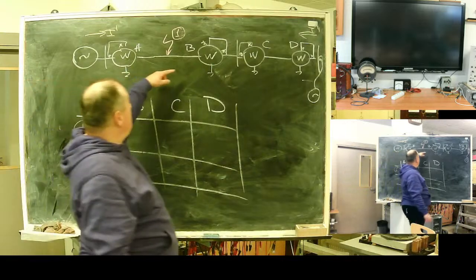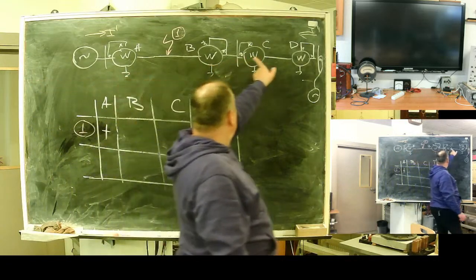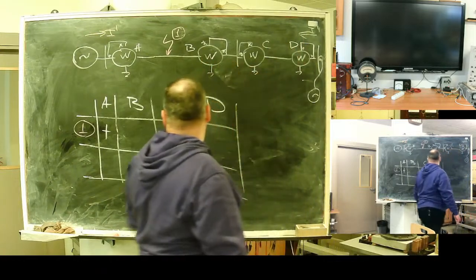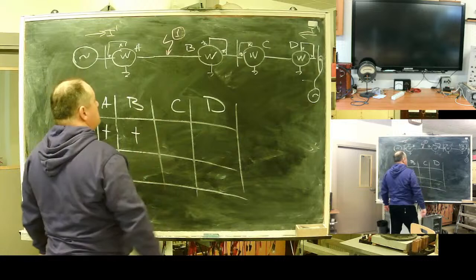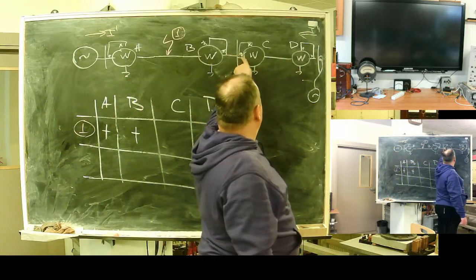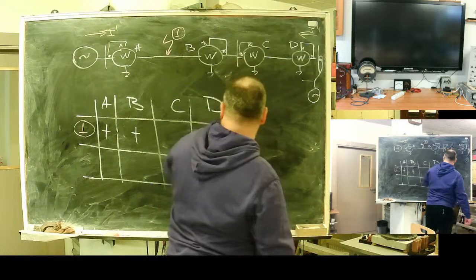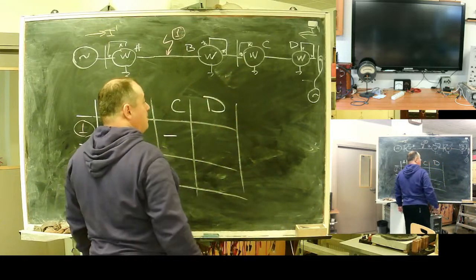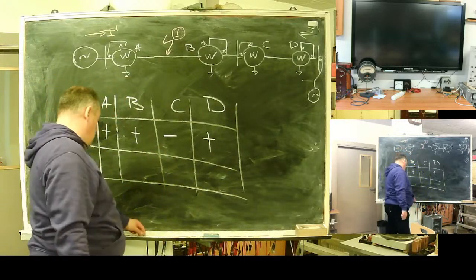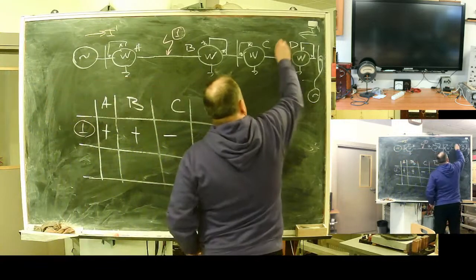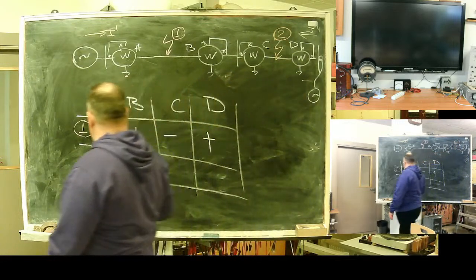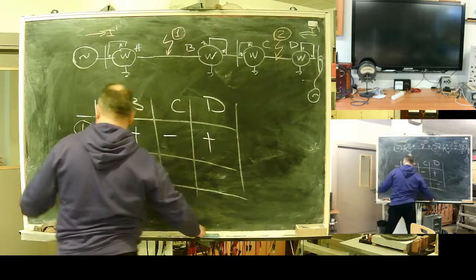And for B, current flows, see, green current flows in for us. What about C? Green current outflows. This means what it will show? Minus. And here inflows plus. Okay, let's take second flow in orange.